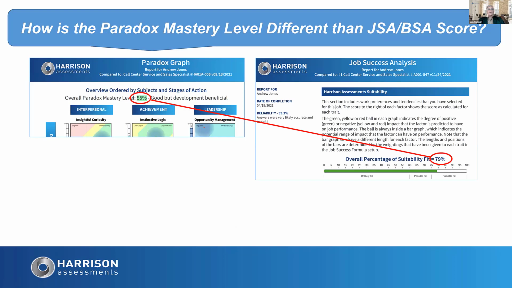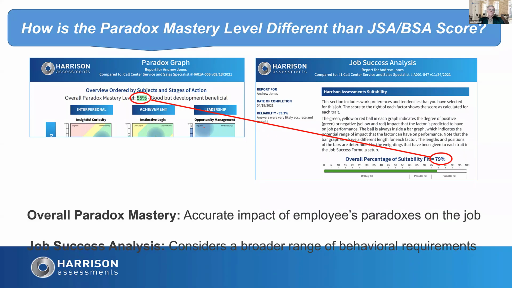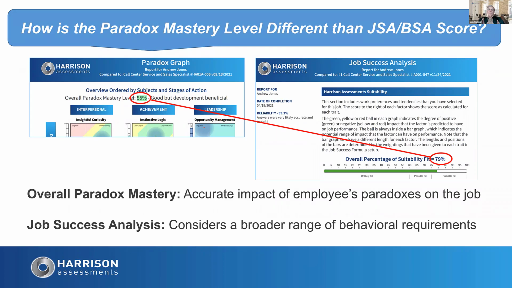All right. So people have asked me, now what's the difference between the job success analysis score and the paradox graph? And when should we use which and how? So basically, the overall paradox mastery score is an accurate representation of the impact of the employee's paradoxes on the job.